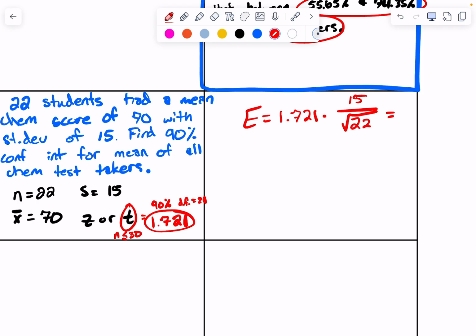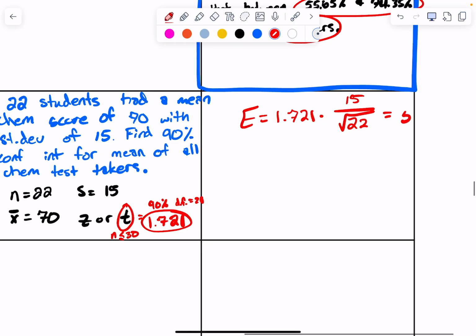E is not going to be a decimal less than 1. It maybe is, but it's not like a proportion. 1.721 times 15 over the square root of 22. The square root of 22 makes more sense as 4.690.